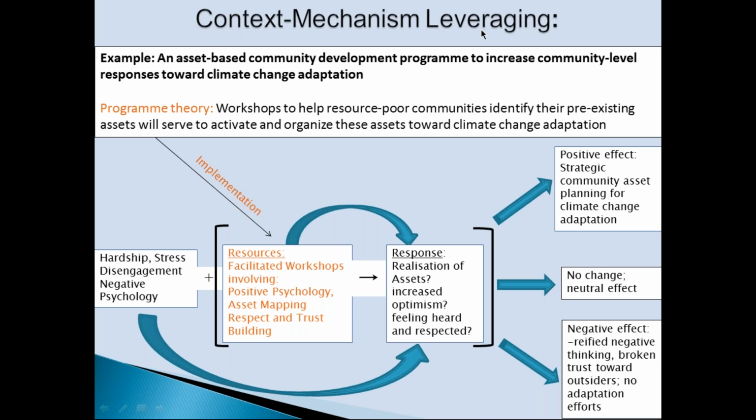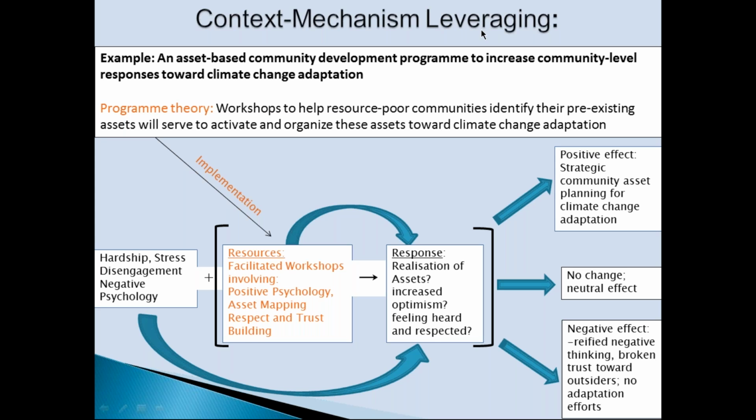So the program theory here, and this is a hypothetical example, so this is not an actual study. I've created this hypothetical just for exemplifying and conveying what I'm saying. So say the program theory is workshops to help resource-poor communities identify their pre-existing assets will serve to activate and organize these assets towards climate change adaptation.